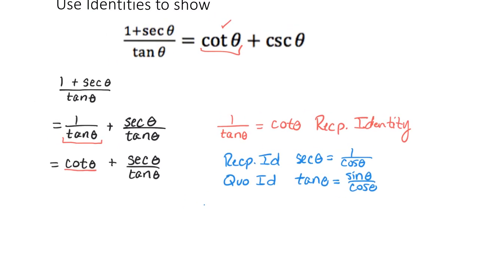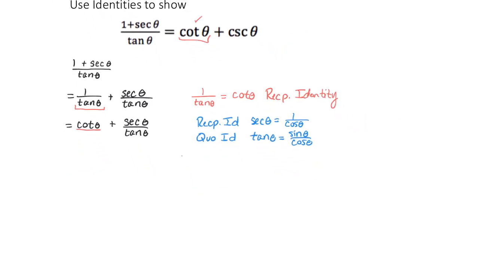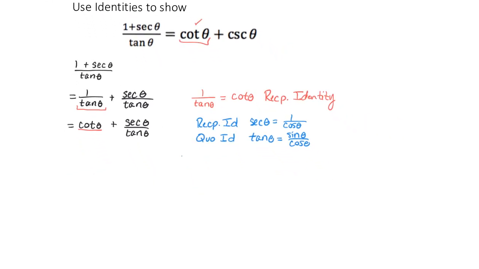Okay, so I need a little bit more space here. Okay, so I'm going to keep my cotangent, right? I'm using an equal sign, so I'm saying that all of this is equal. So I'm going to keep my cotangent of theta. And I'm going to replace my secant of theta and tangent of theta with their respective identities.